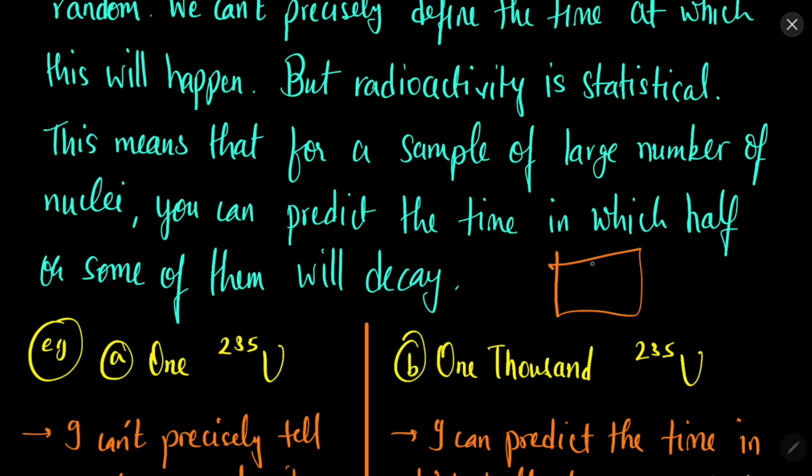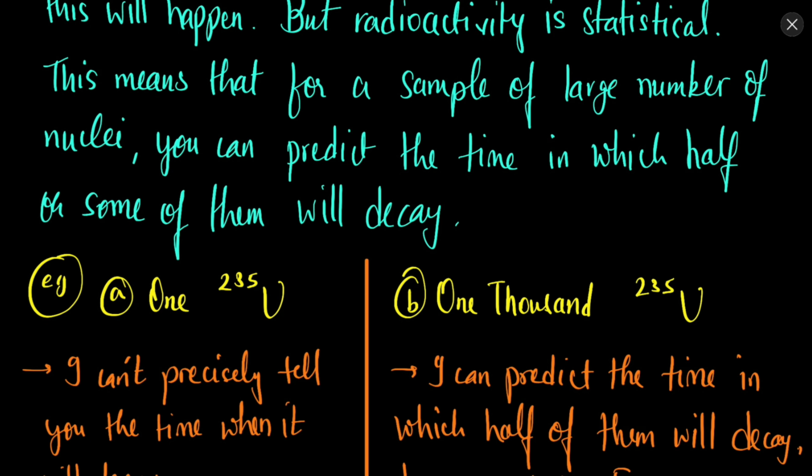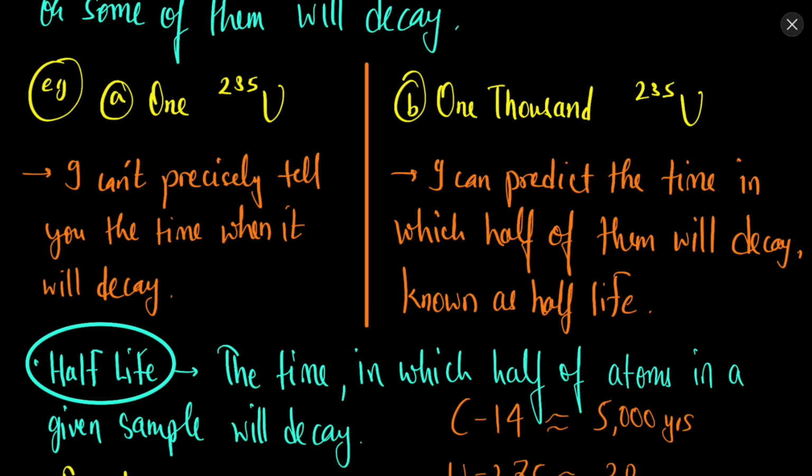Let's say we have a sample containing 1000 atoms, so we can predict that in these 1000 atoms 500 atoms will decay in, let's say, 1 hour. So we cannot pinpoint that this atom itself will decay, but we can say that out of these 1000 atoms, 500 will decay. So radioactivity is a statistical phenomenon.